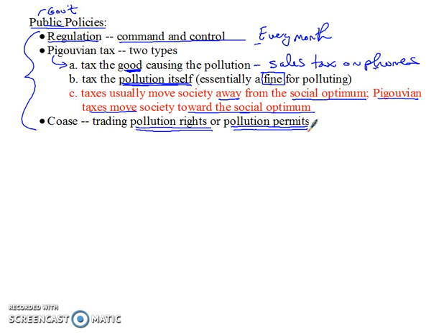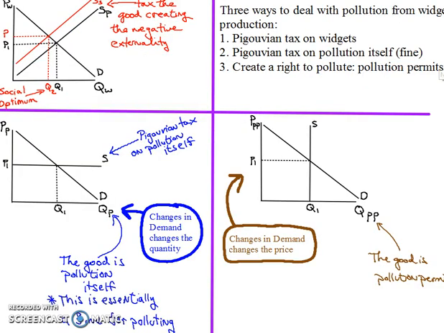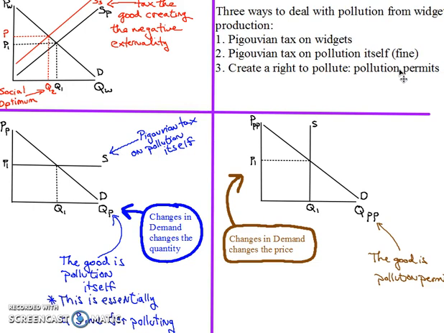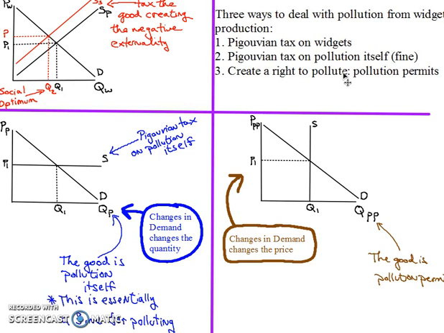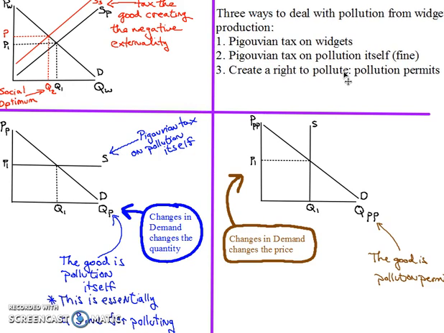What we want to look at now is what the graphs look like for these. We're going to look at the example of a widget, which is just a pretend good that economists often use to talk about. There were 4 ways, as I said, including command and control, but we're not going to do a graph on command and control.